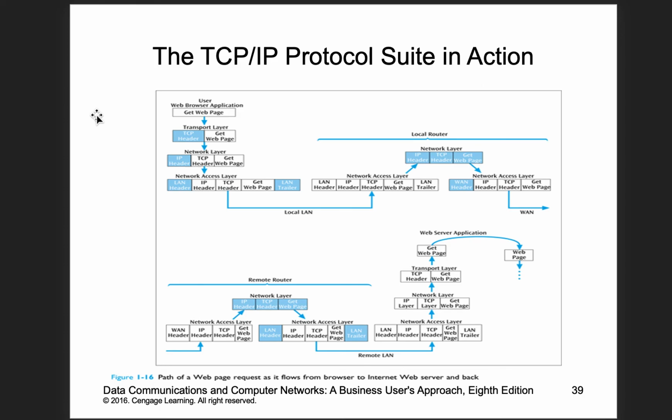From there, the signal will move down over to the network layer with the internet protocol header being added in front of the TCP header, and as it moves further down on the network access layer, they will add a LAN header on the front and at the back.